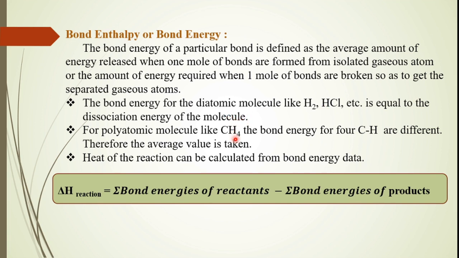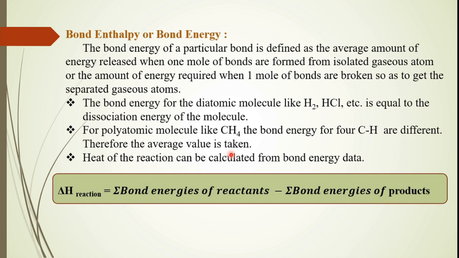Now for the polyatomic molecules such as CH4. In the methane molecule, there are 4 C-H bonds. That means the bonds present in that molecule are all equivalent, but the bond energies for the 4 C-H bonds are different. Therefore, the average value is taken.